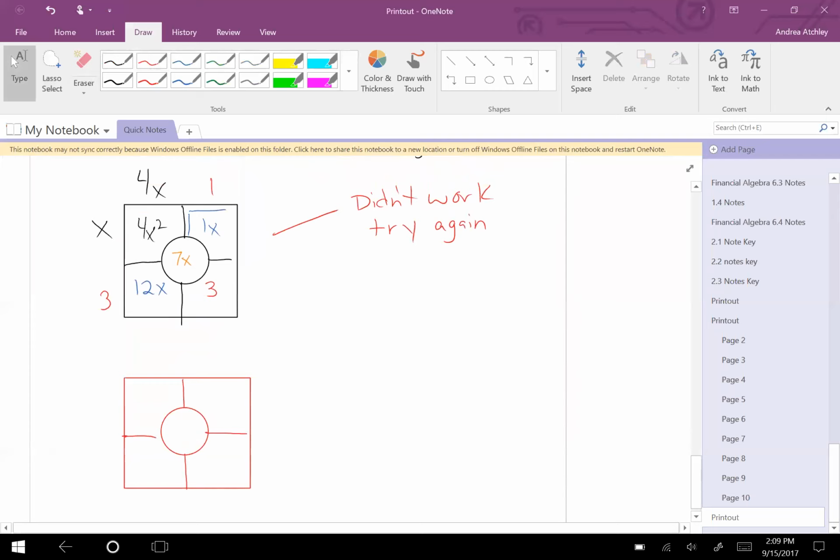We still have our 1 and 3 because I know there can't be anything other than 1 and 3. I still know we've already tried 2 and 2. Now we have 4 and 1 still. The only thing I can do now is switch the 4 and the 1. Put the 4x here and the x here and see if that works.